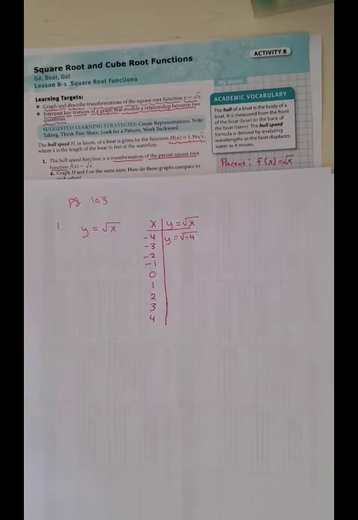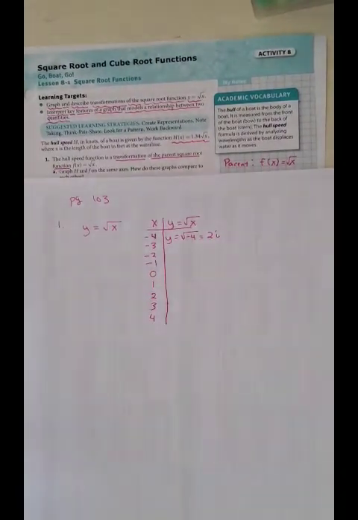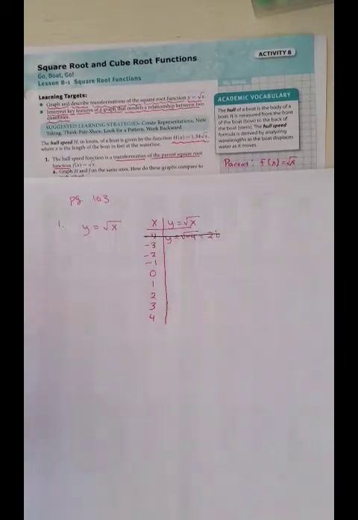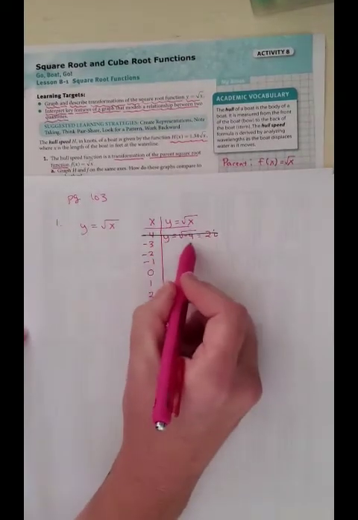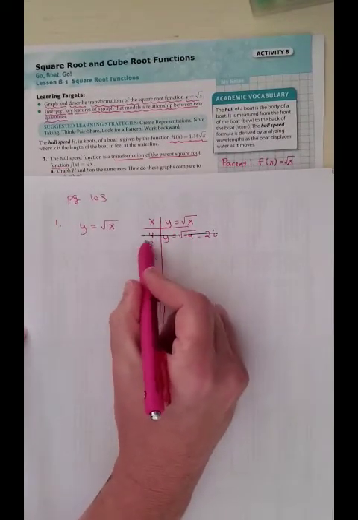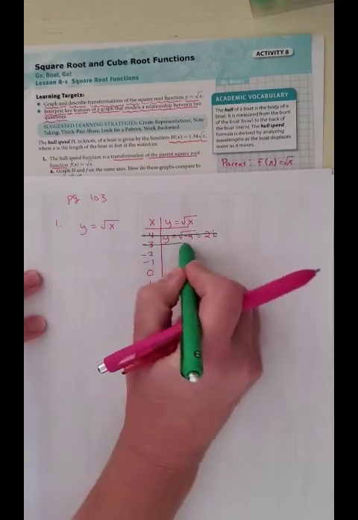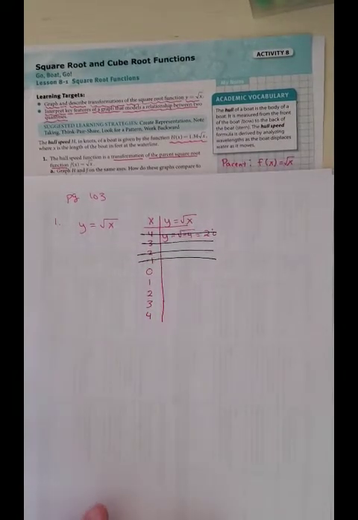Now, the square root of -4 is 2i. This is a complex number, therefore it will not exist on the real axis. The same way, this is going to be a complex number, and this one, and this one. So we cannot graph any values for which x is negative.